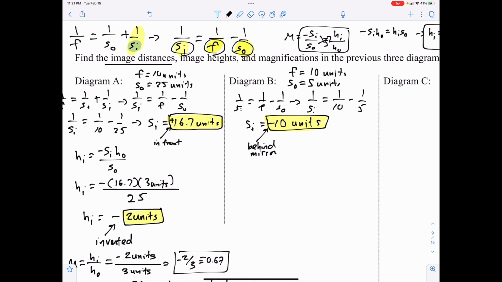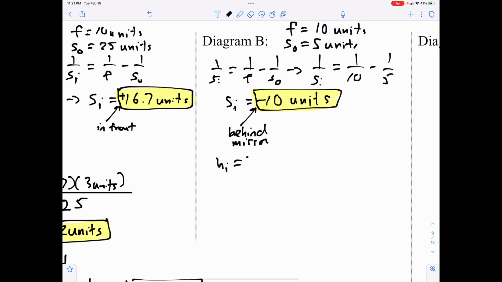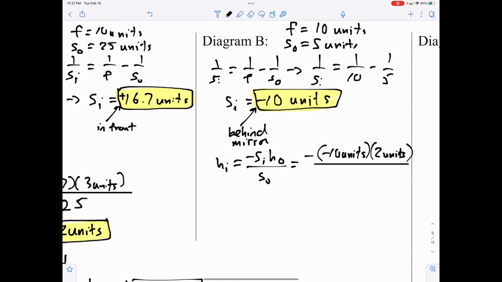Okay, so the image height is going to be negative SI HO over SO. So if we plug into that, negative times negative 10 units times, remember the object height was 2 units high, over the object distance, which was 5 units.